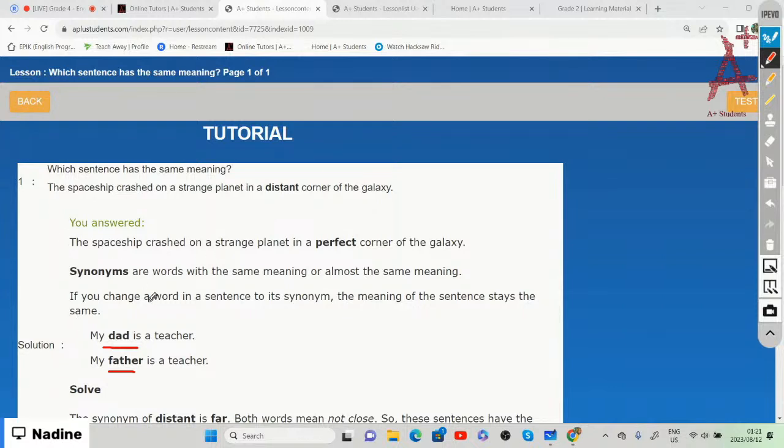All right. So now we're going on to our sentence. The spaceship crashed on a strange planet in a distant corner of the galaxy. So we need to find a word that is either the same or similar in meaning to the word distant, right?